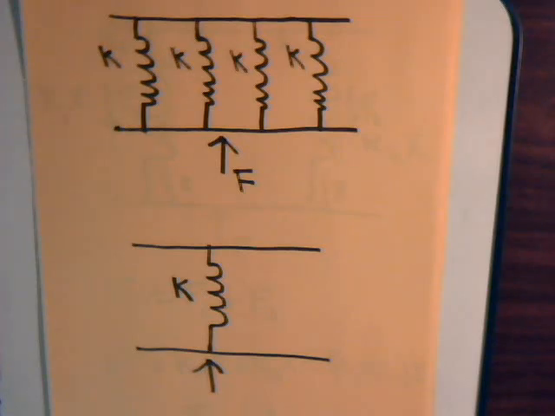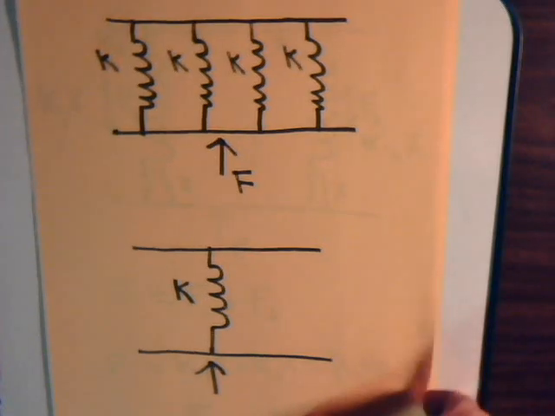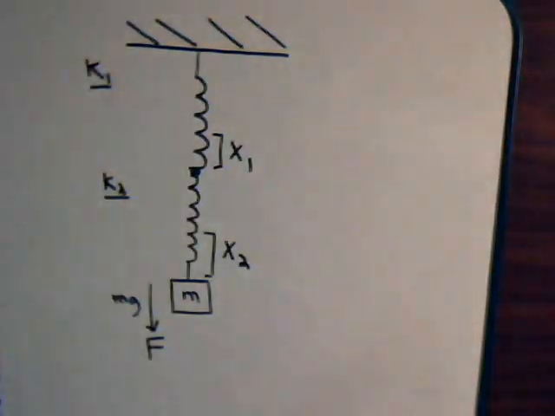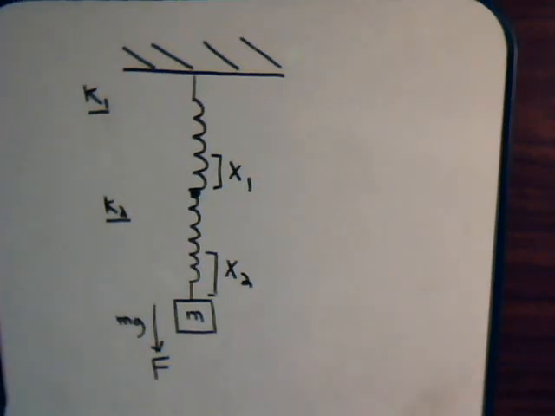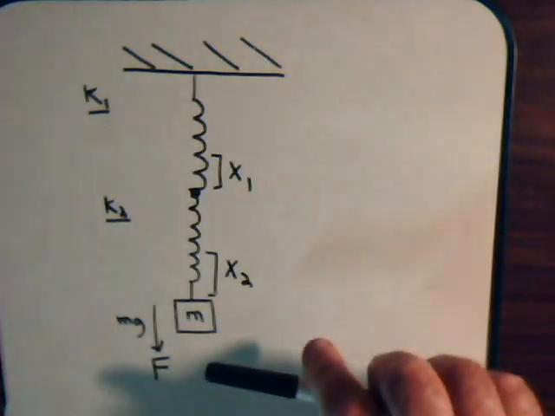What if we have them now arranged in series? So let's consider this system. Here we have spring 1, and here we have spring 2. They have their own individual spring constants, K1 and K2. And before the mass was attached here to the system, they have their own natural length, and then the whole system gets stretched out.